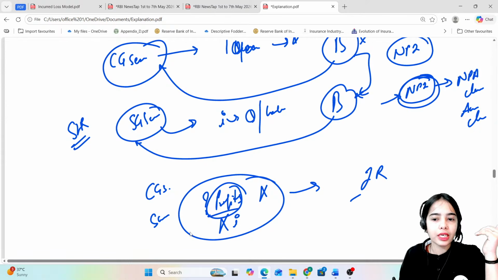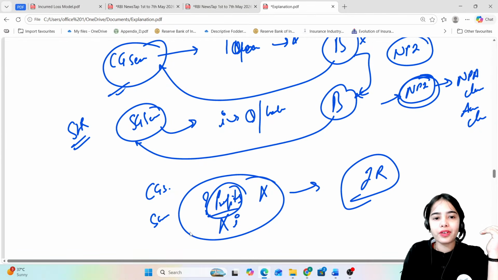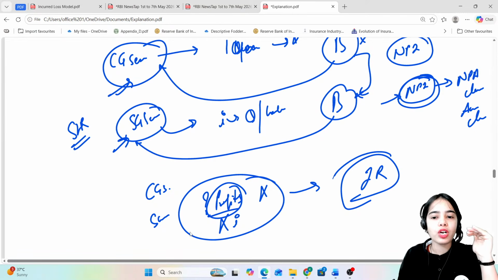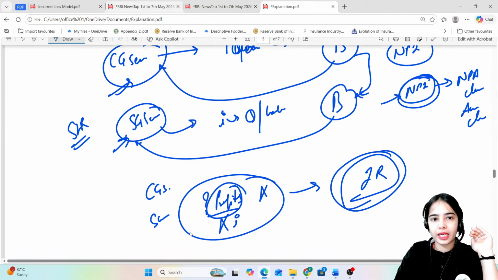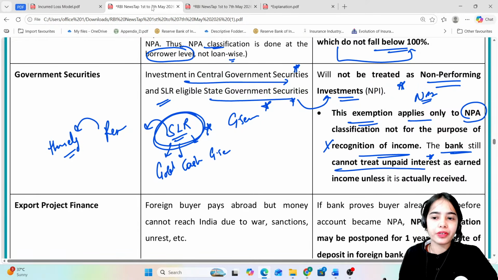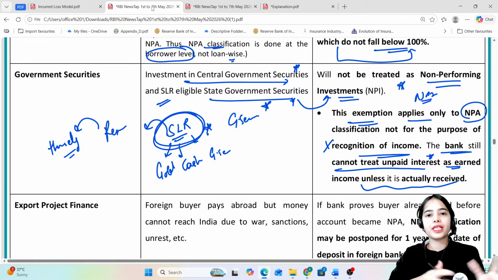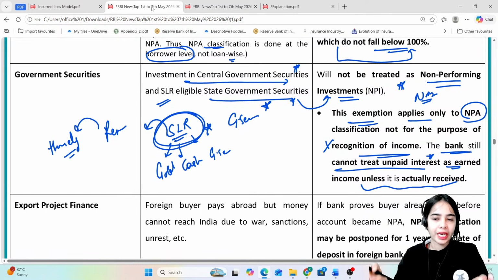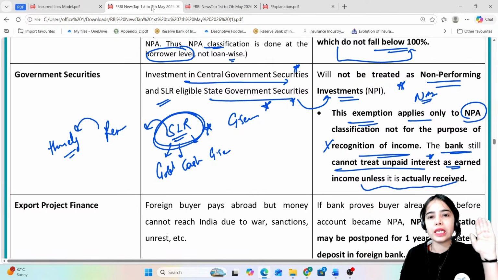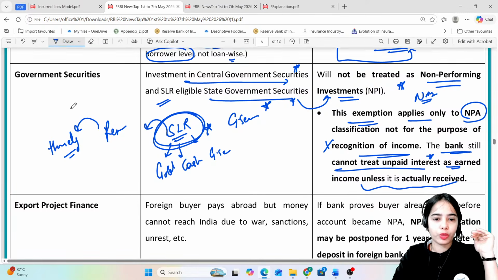For the income recognition, if the central government securities or state government securities are not paying the interest, the income should not be recognized till the interest is paid. So the bank still cannot treat unpaid interest as earned income unless it is actually received. So this exemption, that the central government securities and SLR eligible state government securities will never be treated as NPI, is only for the asset classification, not for income recognition. That is the main idea.